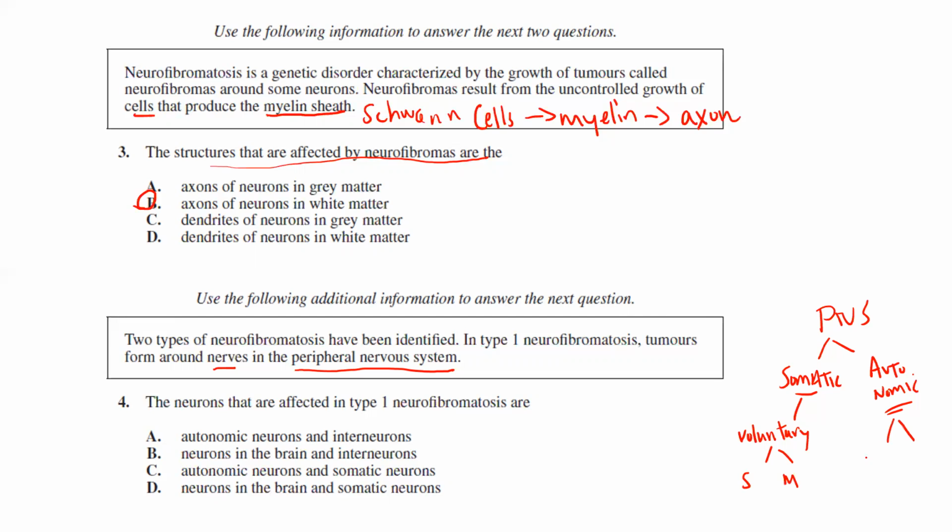Autonomic is the fight or flight, sympathetic or parasympathetic. Okay, so neurons that are affected are autonomic neurons and not interneurons. That's central nervous system. Neurons in the brain, no, that's central nervous system. See how we can do this order of elimination. Neurons in the brain, no. Order of elimination is C.